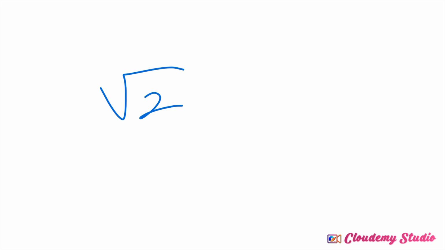So exactly what is a surd? It is an irrational root that cannot be simplified to a rational number. In simple terms, a surd is a root that gives an irrational number, meaning there is no whole number that when multiplied by itself gives you exactly 2, or the root of 2.